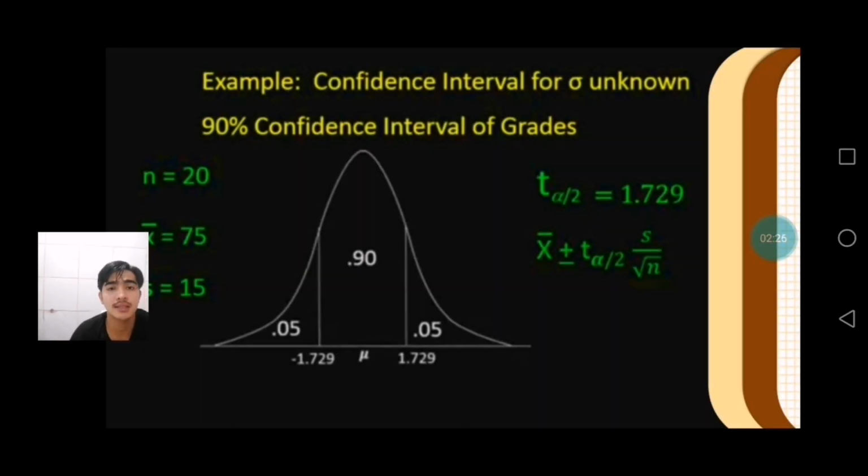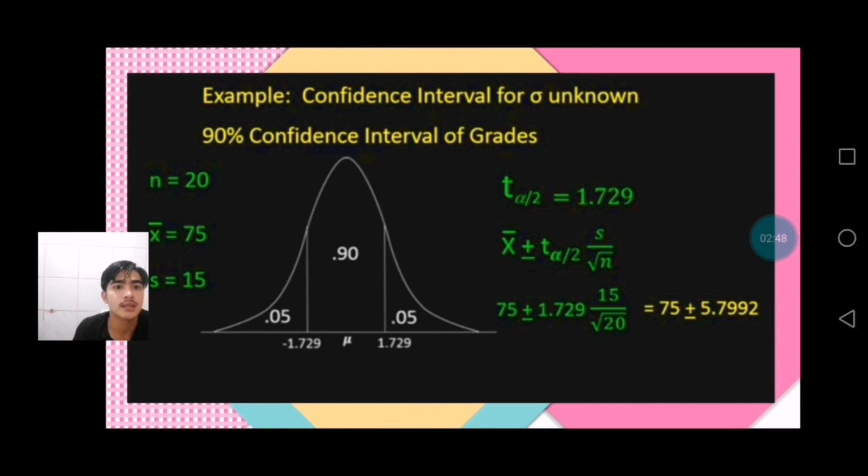So now we are ready to calculate the confidence interval estimate for the mean using the formula x bar plus or minus t alpha over 2 times S over the square root of n. We get 75 plus or minus 1.729 times 15 over the square root of 20, which gives us 75 plus or minus 5.7992.